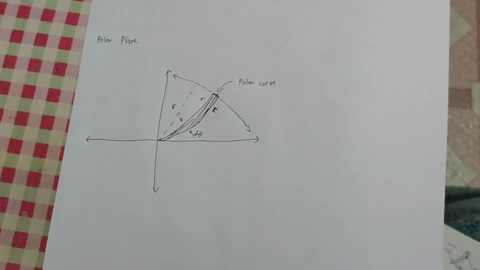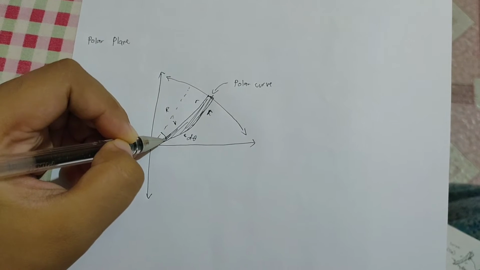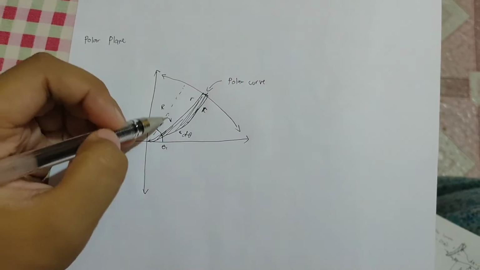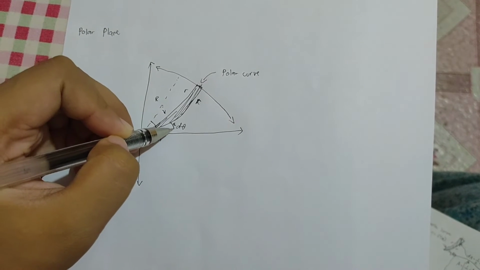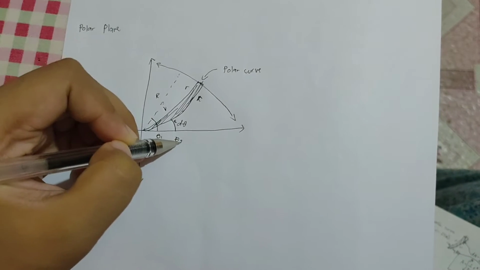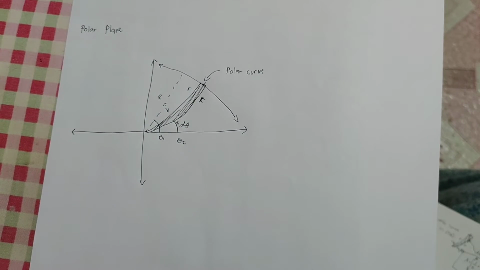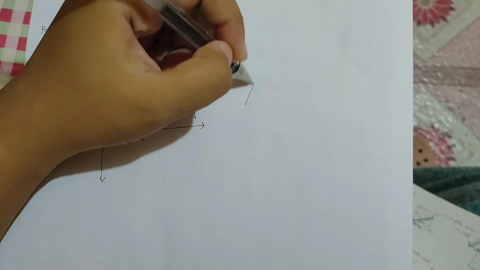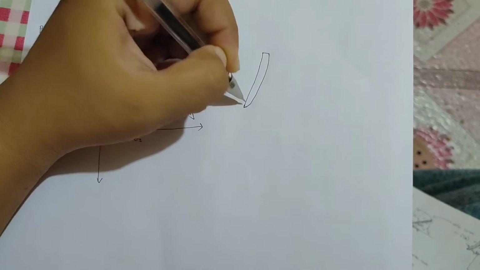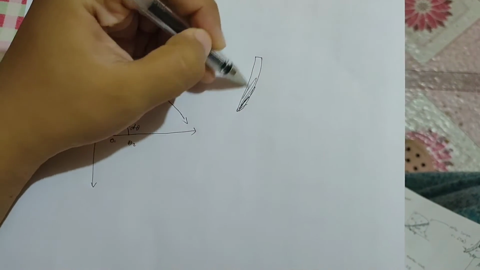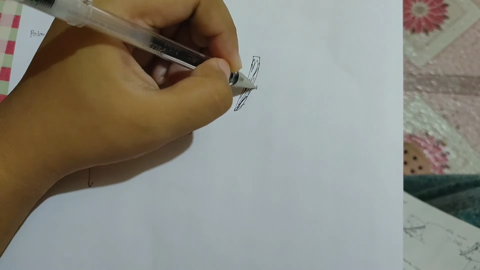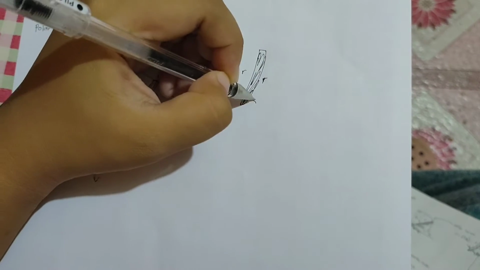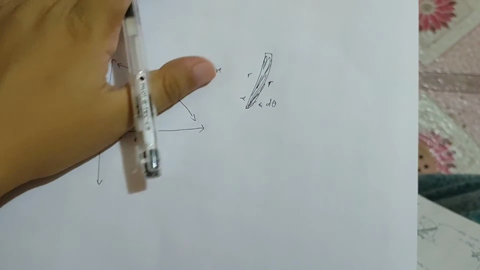This will be our beta 1, and from here will be our beta 2. So let's extract this, and shade that. This will be our R, and this will be our d beta.